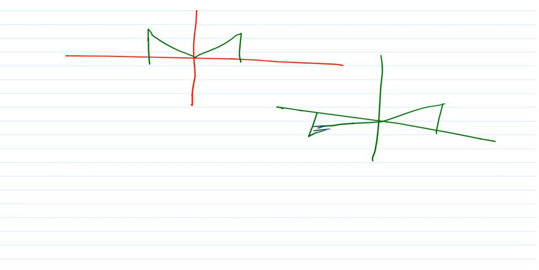Why? Because there is symmetry in opposite quadrants. So this is an even signal, and this is an odd signal.